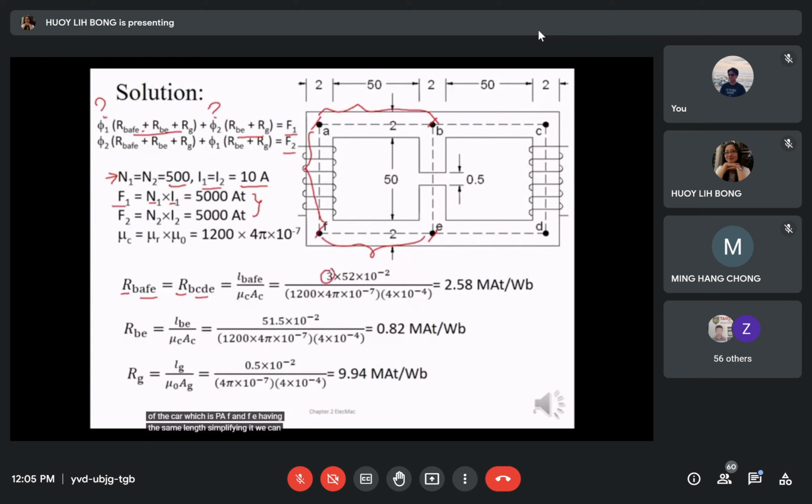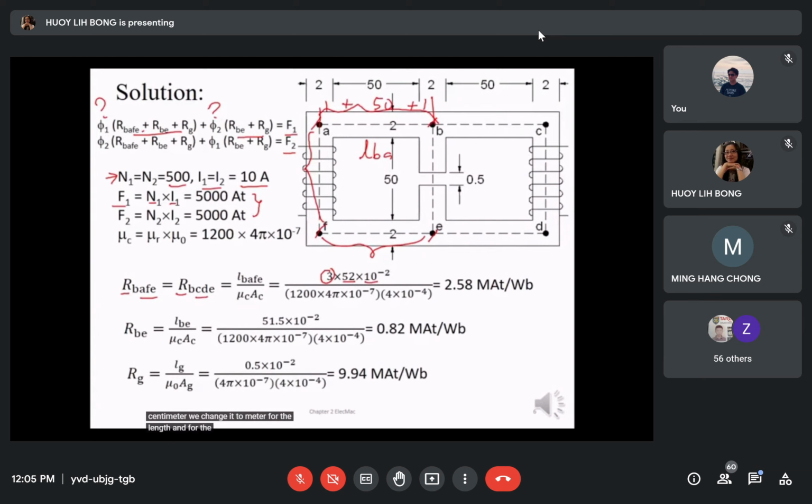Simplifying it, we can use 3 times the length of BA, which is half of 2 is 1, plus 50, and then plus half of 2 again is 1, which is 52 centimeter. We change it to meter for the length.